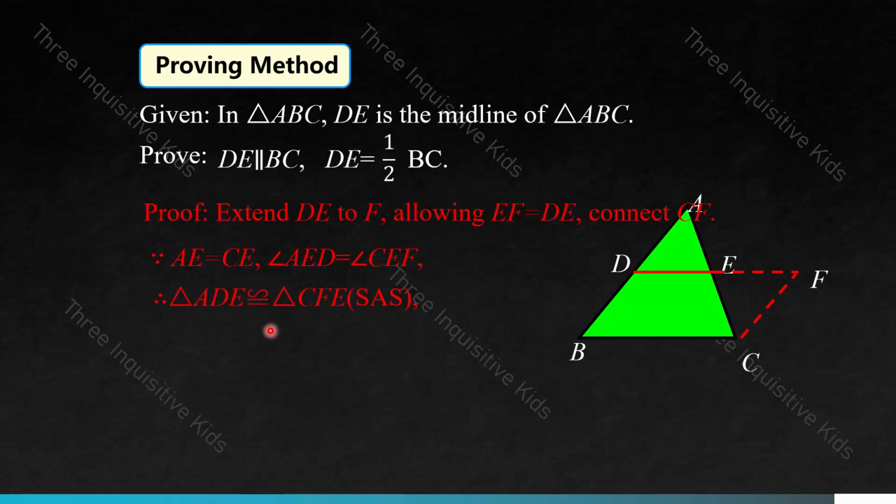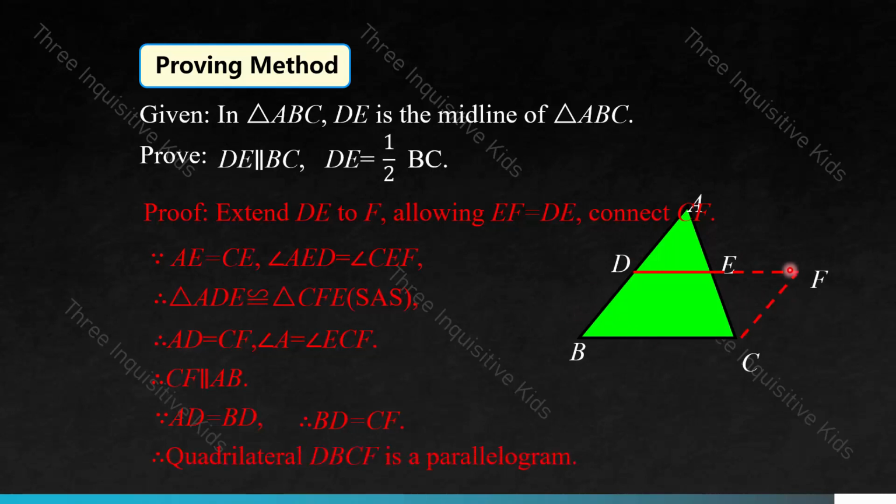This sign again means congruent, that two triangles are congruent, and we know this through side angle side. AD is equal to CF and angle A is equal to angle ECF. Therefore, CF is parallel to AB. And since AD is equal to BD, we know that BD is equal to CF. So we know that quadrilateral DBCF is a parallelogram.